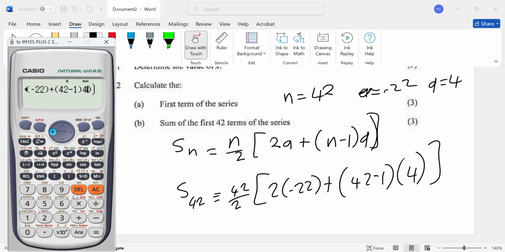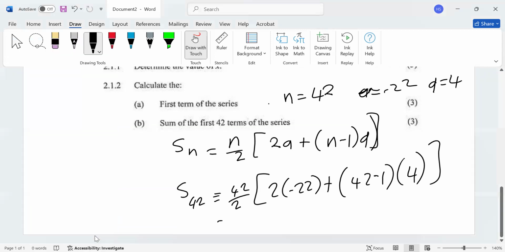Oh, the multiplication. So instead, I should have said multiplication. And if I say equals to now, it's 2,520. So it's best if we do multiplication rather than the brackets. Okay.